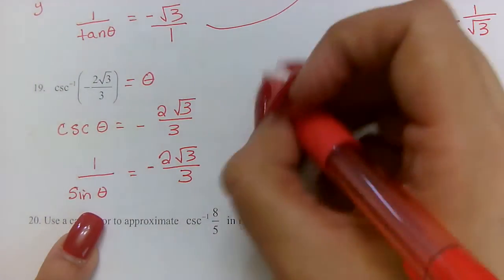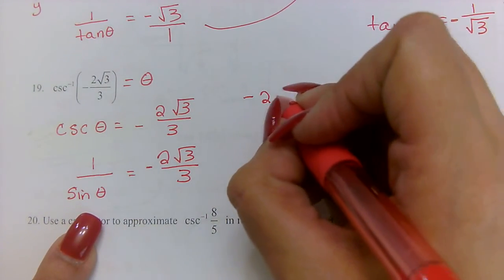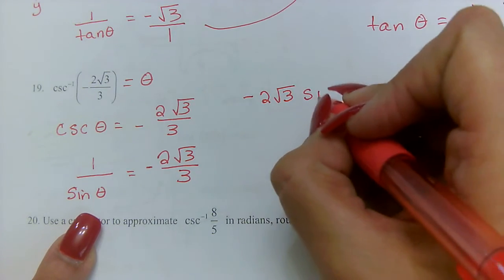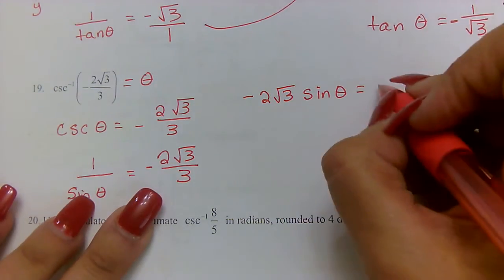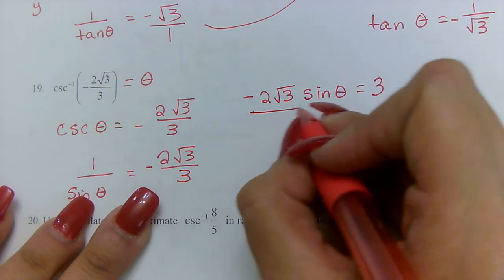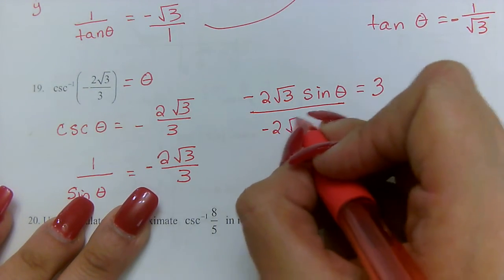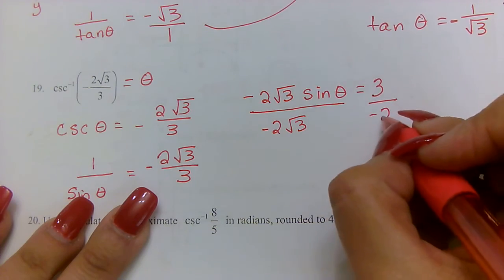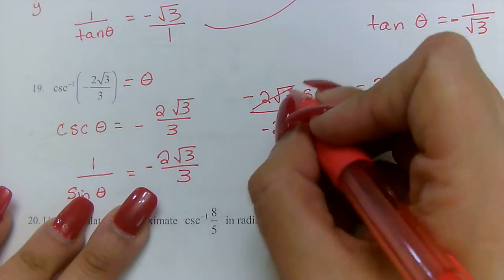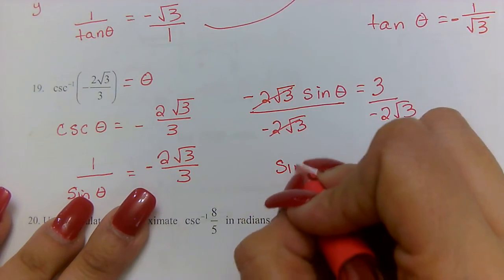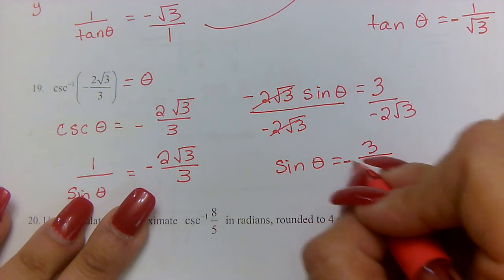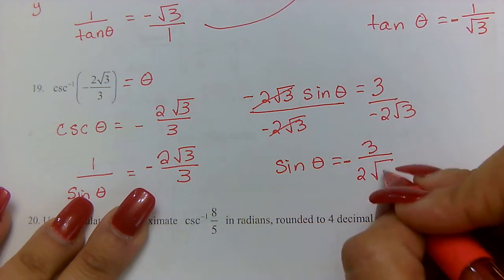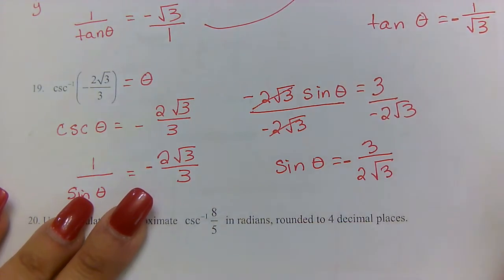I'm going to go ahead and do negative 2 square root of 3 sine of theta is equal to 1 times 3, which is 3. I'm going to divide by negative 2 square root of 3 on both sides, and I'm going to be left with sine of theta is equal to 3 divided by 2 square root of 3.